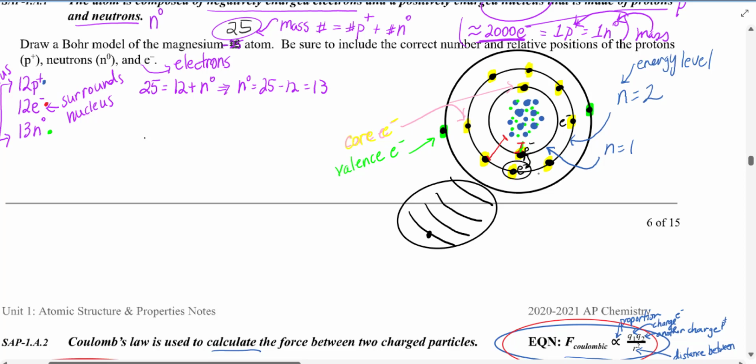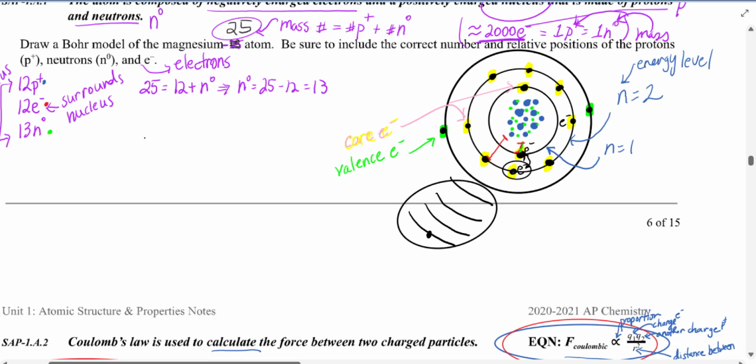So this electron right here is experiencing less force from the nucleus than this electron in energy level 1. Again, the electron from energy level 2 is experiencing less force from the nucleus than energy level 1, because one, it's farther from the nucleus, and two, because there's an electron between it and the nucleus.